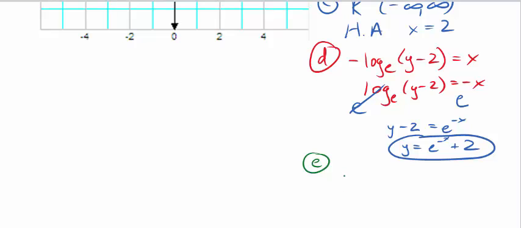So that means the range is going to be x is greater than 2. And the range for the original function was negative infinity to infinity. So that means the domain of the inverse is going to be negative infinity to infinity. Inverses just switch the x and the y.